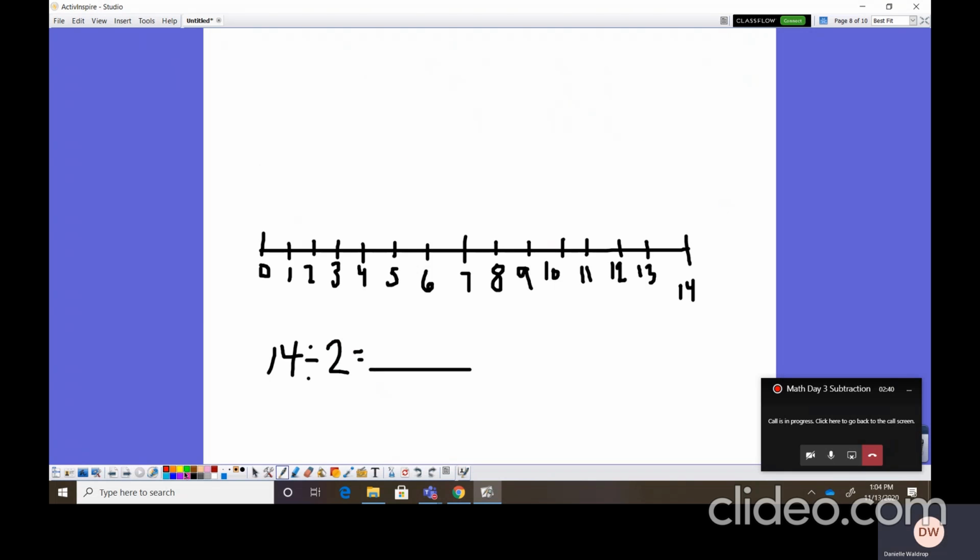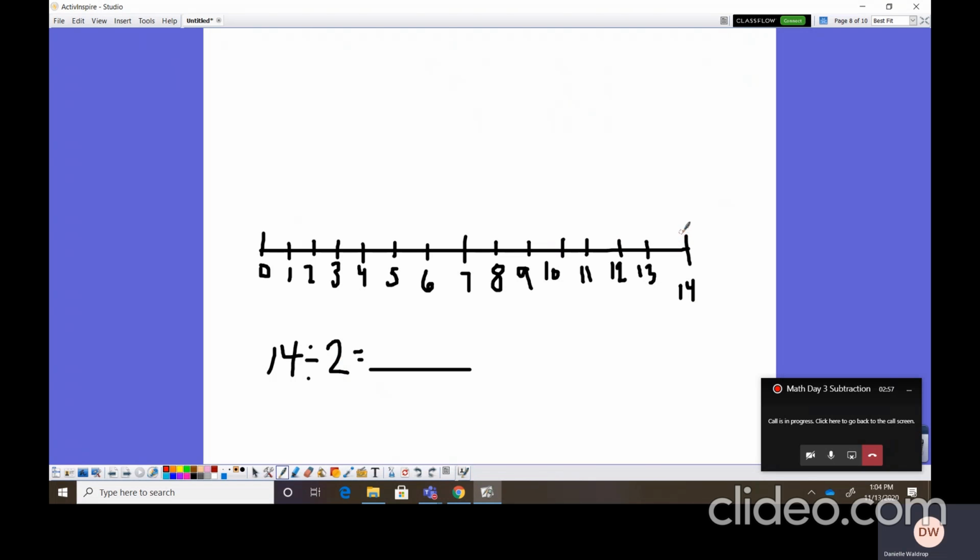All right, look at number 2, 14 divided by 2. On the number line, we're going to start at 14. That's our dividend. We're going to divide it by 2, so this time I'm taking away 2 at a time. I'm going to start at 14, and remember, you don't ever count the number you start on. You come off of it.